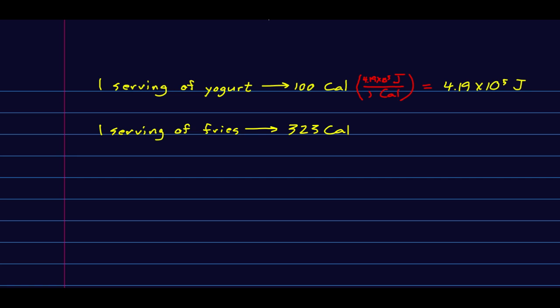And at a well-known restaurant, 1 serving of fries is apparently 323 calories. I don't know how they can give it that precisely when the number of fries you get is rather variable. So let's think about sig figs, that's not really possible, but whatever. And so, same unit conversion.